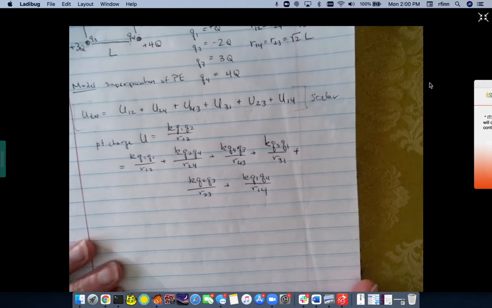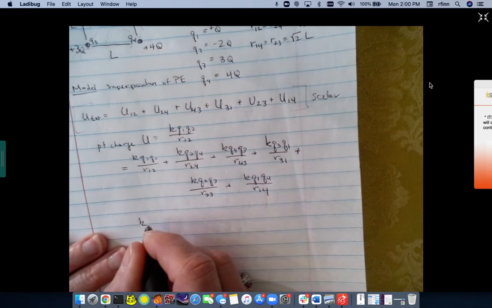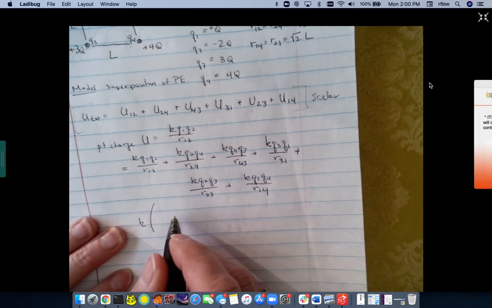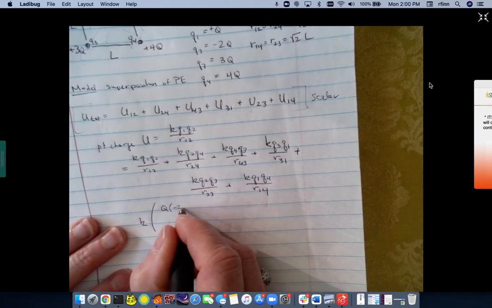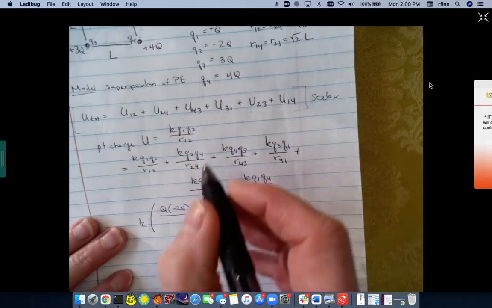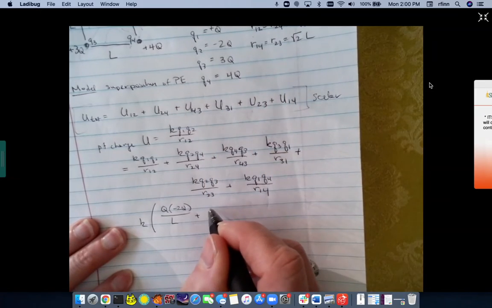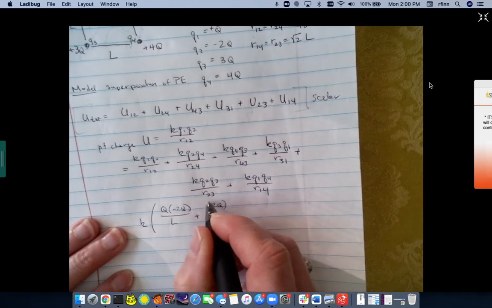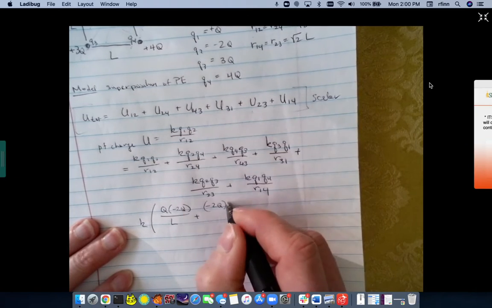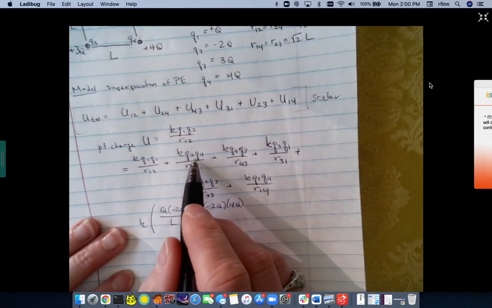All right, so we'll factor out our K as a first step. Okay, and then we can plug in our values here. So Q1 is Q, Q2 is negative 2Q, and we said our 1, 2 distance is just L. Then we have Q2, which is negative 2Q, and Q4, which is 4Q, divided by the distance between 2 and 4.